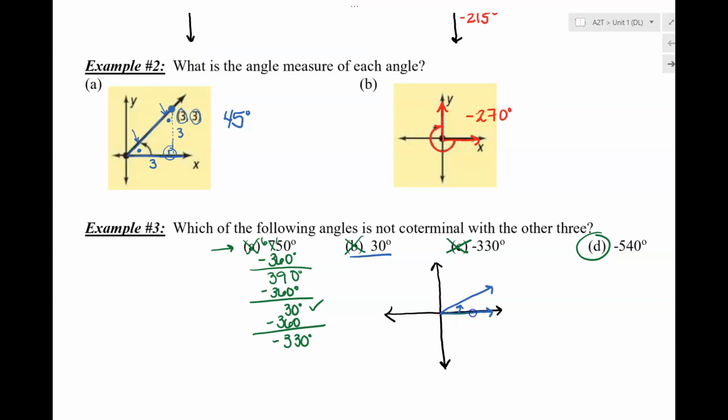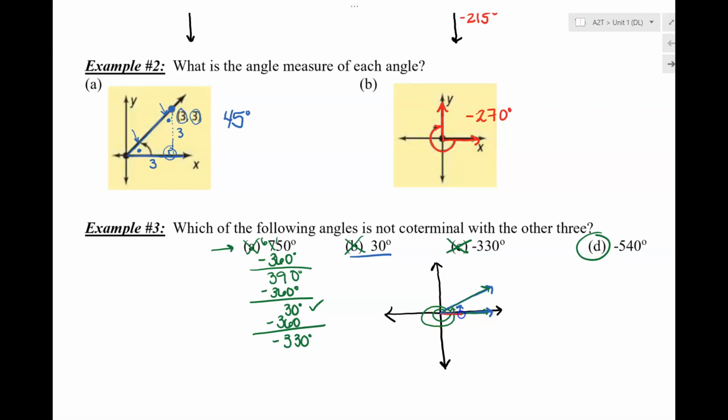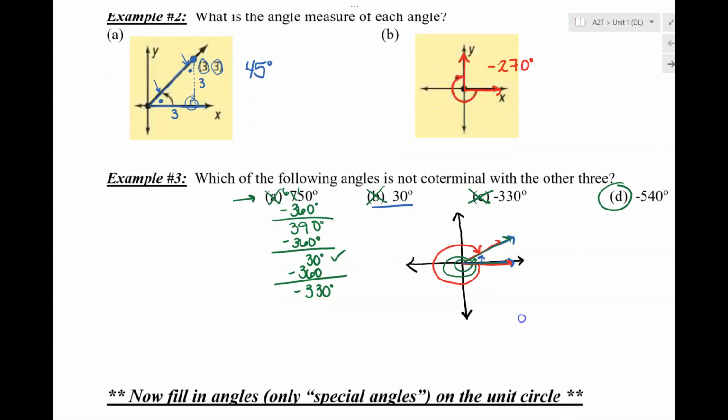If I share the same initial side and I rotate around 360 degrees, and then another 360, so 720 plus 30, even though I have additional rotations, I still have the same terminal side. If you were to rotate in the negative direction, only 330 degrees, I would end up right here. So again, the same terminal side. That's what coterminal means. Regardless of which direction you're rotating, you're still sharing that terminal side.